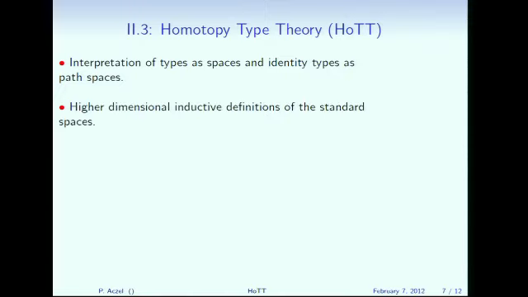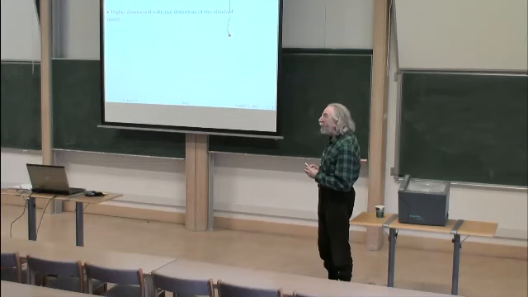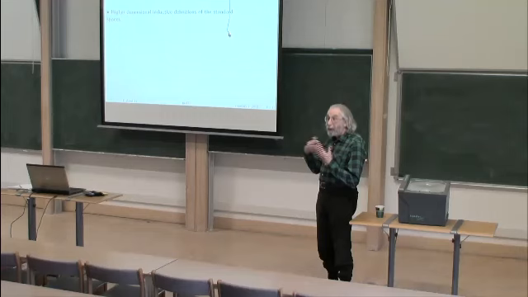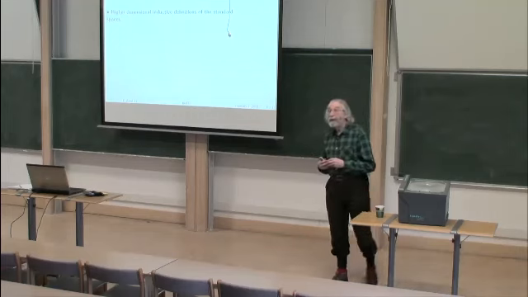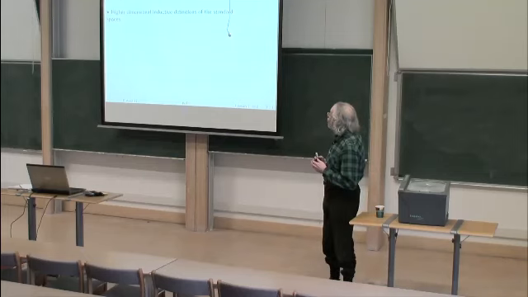What I'm listing on this slide are some of the ingredients of homotopy type theory. I'm not going to have time to explain any of these, or I'm only going to be explaining one of them. There's a notion of higher dimensional inductive definitions of the standard spaces. For example, one can give in about 3 lines a definition in homotopy type theory of the circle, and prove in homotopy type theory that the fundamental group of the circle is the integers, as it is traditionally.